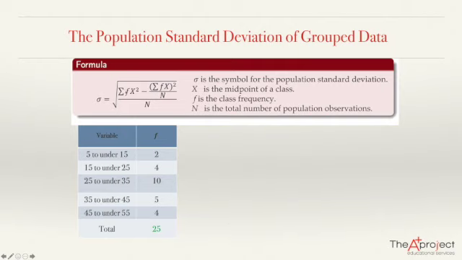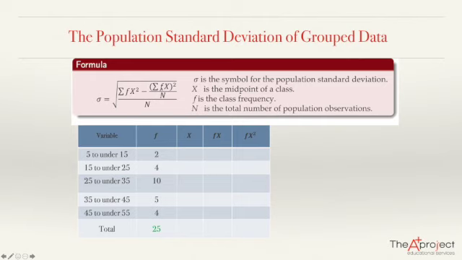There is also a sum of fx squared, so you can make a column for the midpoint squared multiplied by f, and then add together all these numbers. So let's make 3 more columns: one for the midpoint, one for fx, and the other for fx squared, which also appears in the formula.